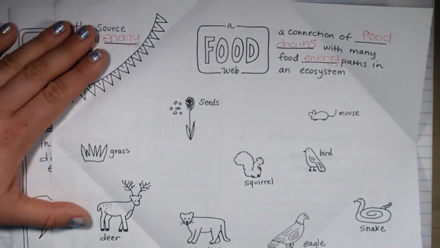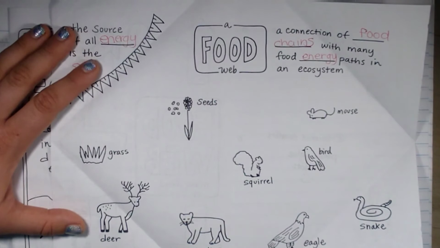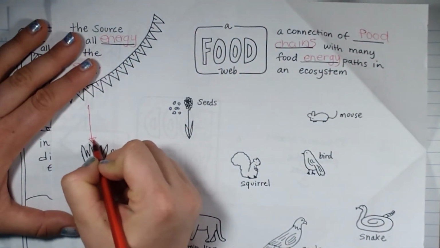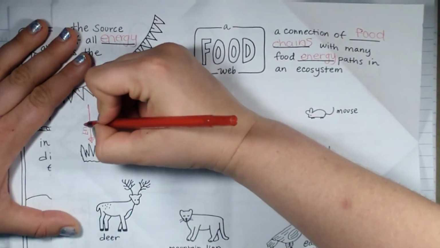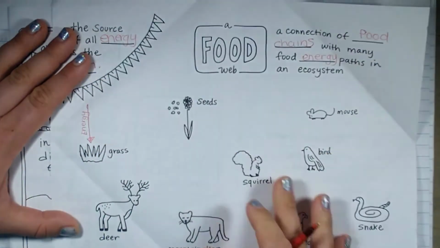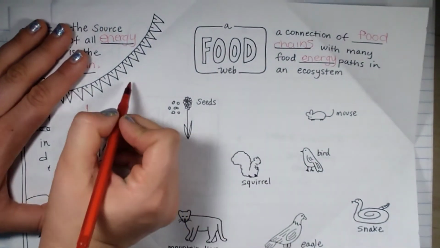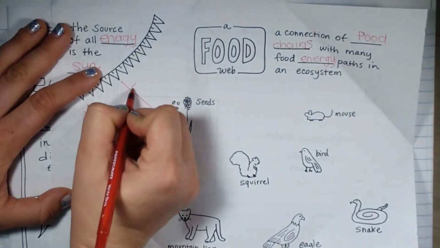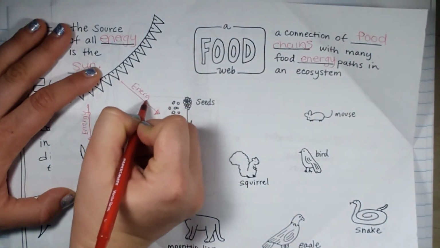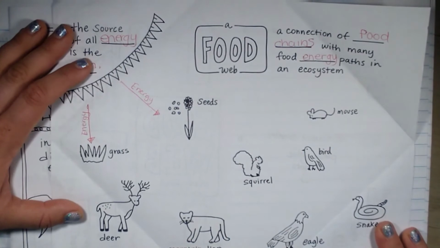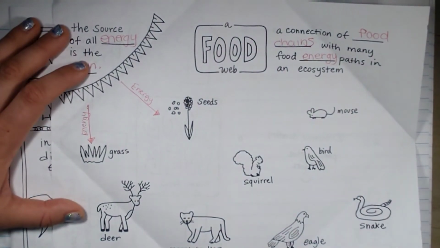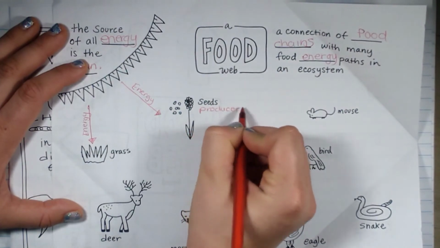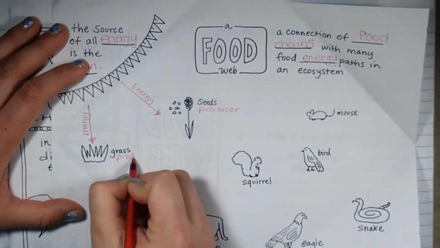So we're going to start at the sun. Now the sun will do the grass, and that is energy. The sun will grow the plants, and that is energy. Through photosynthesis, they create their own energy from the sun. That means that they are producers because they produce their own energy.